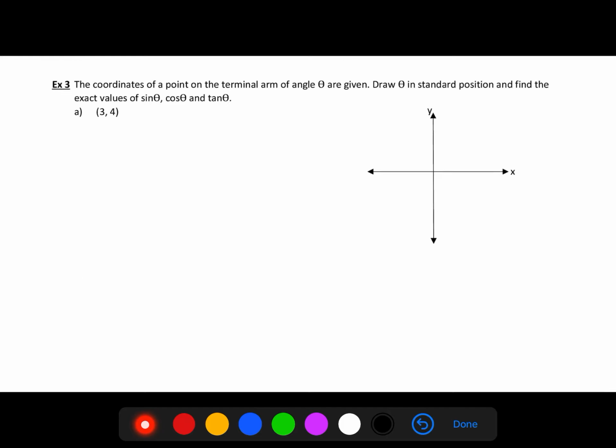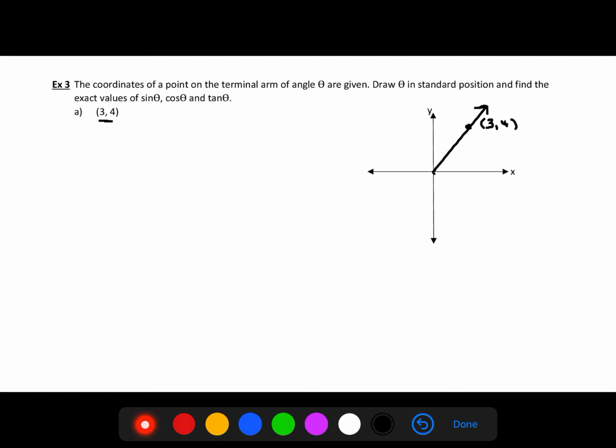Example number 3, we have a point at 3 and 4. So that's the first thing we're going to do. We're going to estimate our point at 3 and 4 on our grid, and we are going to draw our terminal arm from there.